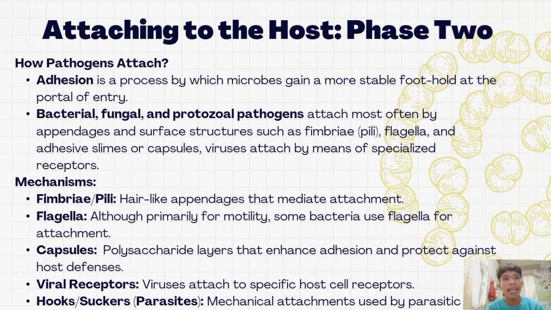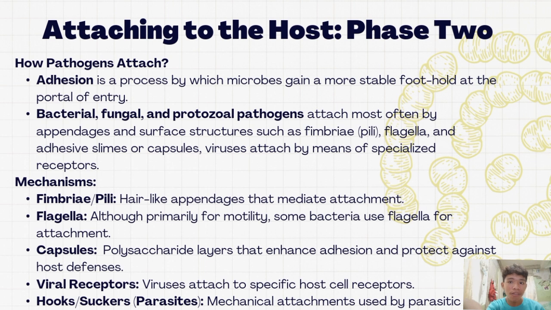Mechanisms: fimbriae or pili, hair-like appendages that mediate attachment. The fimbriae or pili are hair-like structures on the bacteria that help them attach. Flagella, although primarily for motility, are used by some bacteria for attachment.